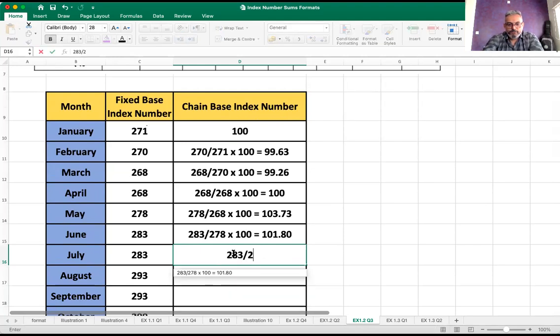283 divided by 283 into 100, which is equal to 100.